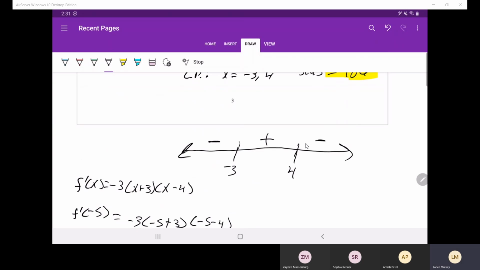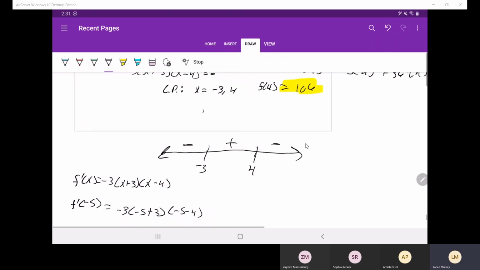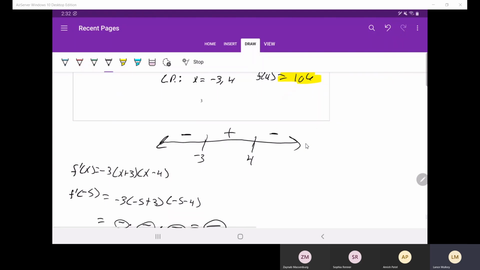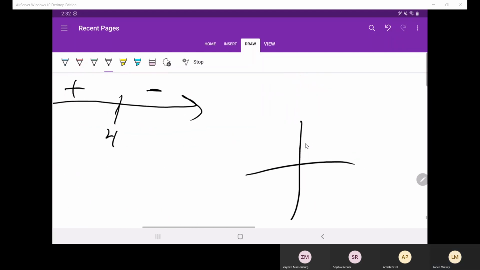Now, how do you know you have a local extremum? Whenever you switch from decreasing to increasing, the graph is going like this. Can y'all see my screen still? Okay.